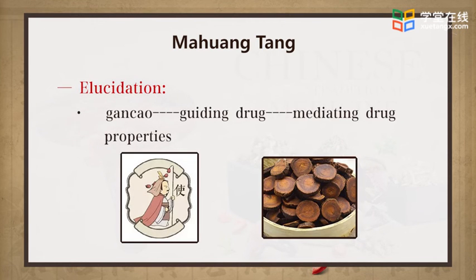The last ingredient serves as the guiding drug, capable of mediating drug properties, invigorating qi and enriching the middle energizer, so as to prevent ingredients 麻黄 and 桂枝 from inducing excessive sweating to impair the vital qi.